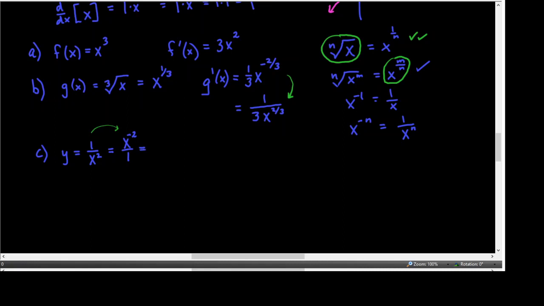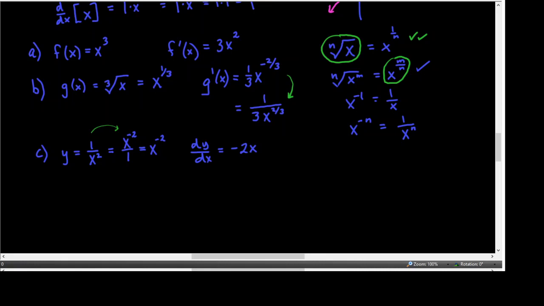So this is x to the negative 2. Now very clearly a power of x. And so its derivative is, according to the power rule, the old power, negative 2, times x to the reduced by 1 power. Be very careful with negatives. You're going to accidentally go the wrong way sometimes unless you're super careful.